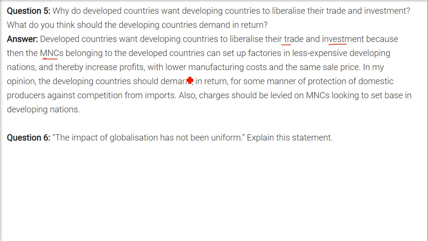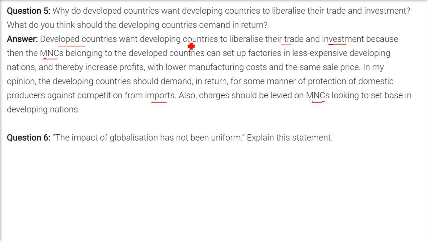In my opinion, the developing countries should demand in return the same manner of protection of domestic producers against the competition from imports. Also, charges should be levied on these MNCs looking to set base in developing nations, and they should demand from the WTO and other authorities that the developed countries should also loosen up their laws and economic barriers.